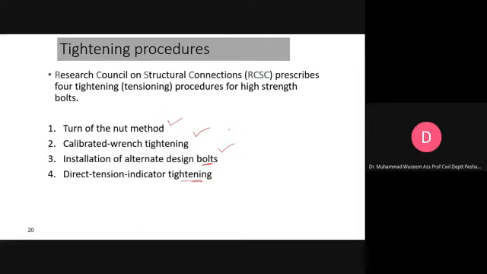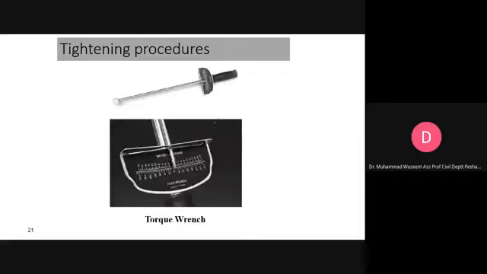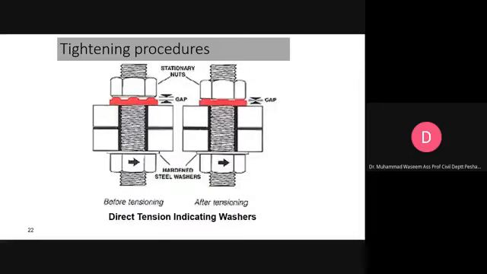Please remember that. In wrench tightening, you need a graduated torque range, so you can apply a specific torque to a bolt in order to get the clamping forces. Then we have the direct indicating method of tightening, in which you have a washer, and there is a specific gap between the bolt and this washer.